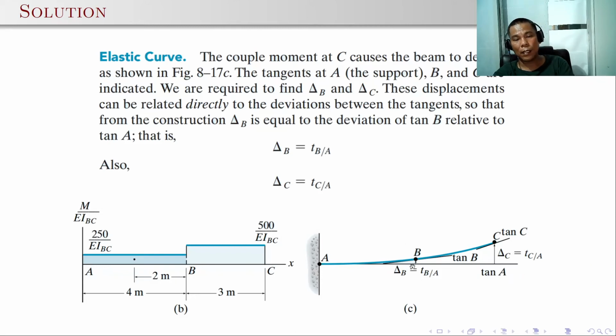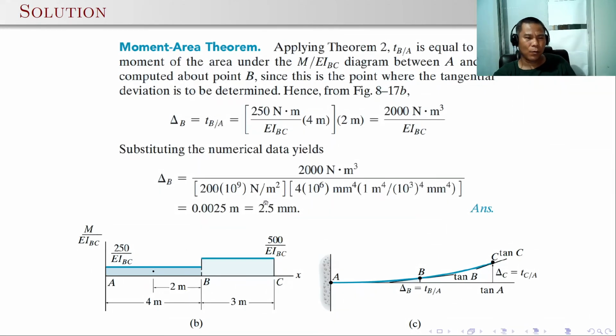So here, the deformation delta B is simply equal to the tangential deviation of B with respect to a tangent drawn at A, and delta C is simply equal to the tangential deviation of point C with respect to the tangent drawn at A. And for the tangential deviation, you just have to take the area moment of the M over EI from point A to B, and then for t C over A, just take the area moment of the M over EI with respect to the segment A to C. It's quite easy, okay?